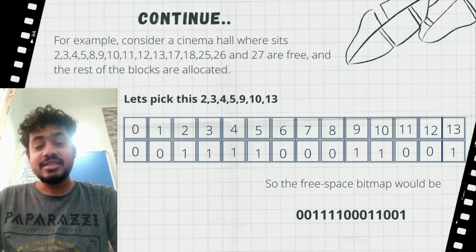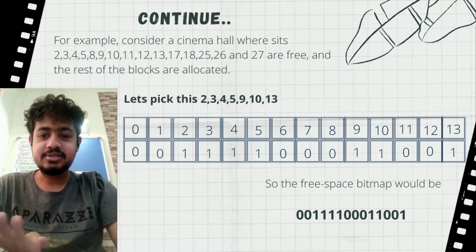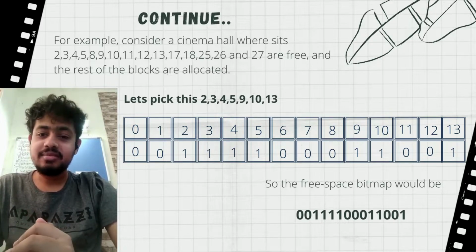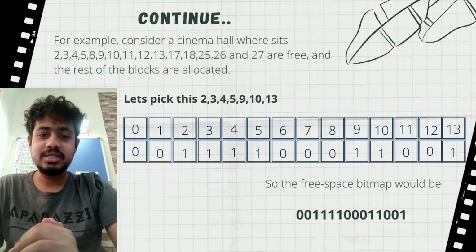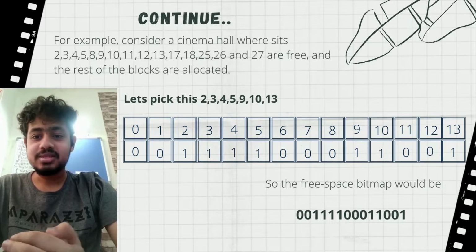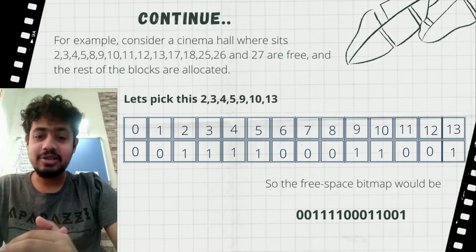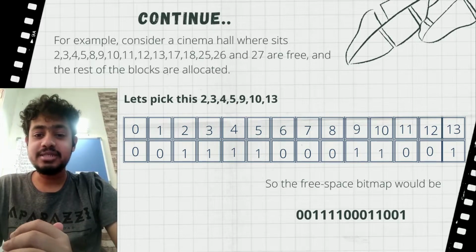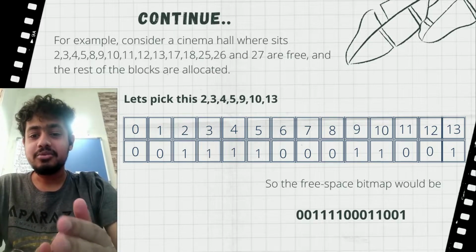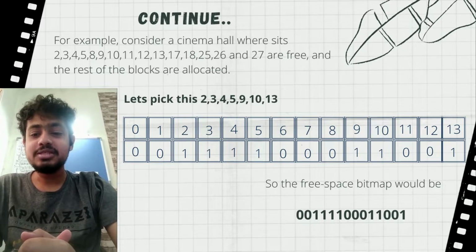And 9 is free, it is not allocated, and the bit is 1. 10 is also free, that's why the bit is 1. 11 is not free, it's already allocated, so the bit is 0. And 12 is already allocated, and that's why the bit is 0. The 13th, the last block, the last seat is not allocated, so its bit is 1. So the free space bitmap would be 0 0 1 1 1 1 0 0 0 1 1 0 0 1. That's all from our bitmap. Thank you.